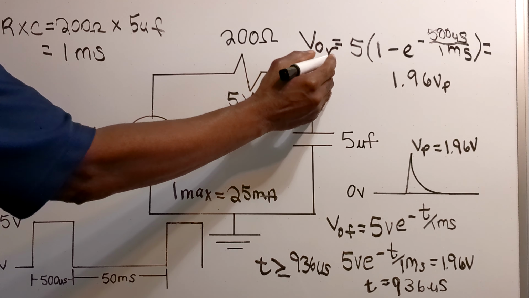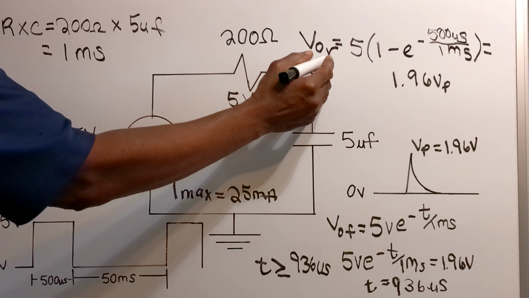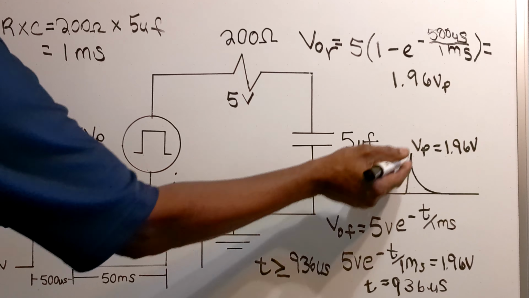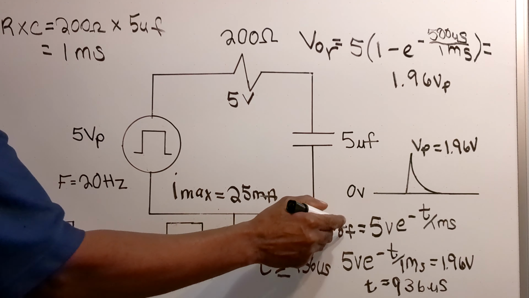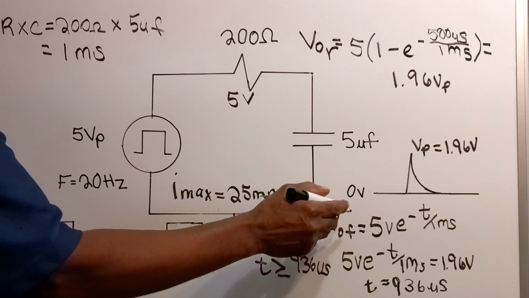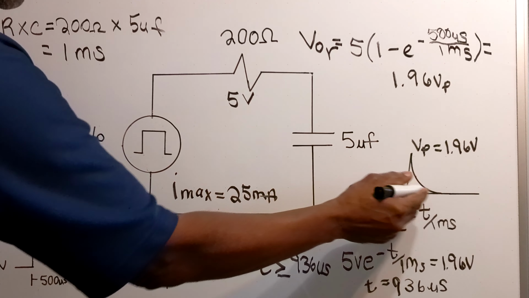So this formula is the formula for the rising voltage right here, the straight line. And this formula is the formula for the falling voltage right here.